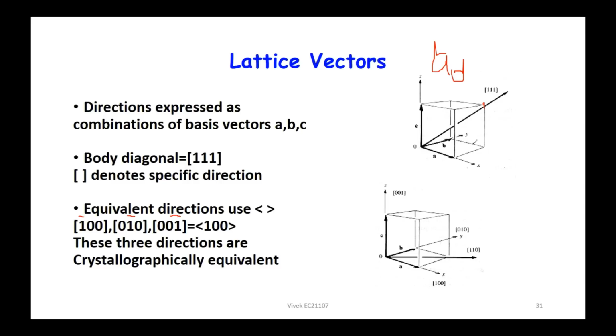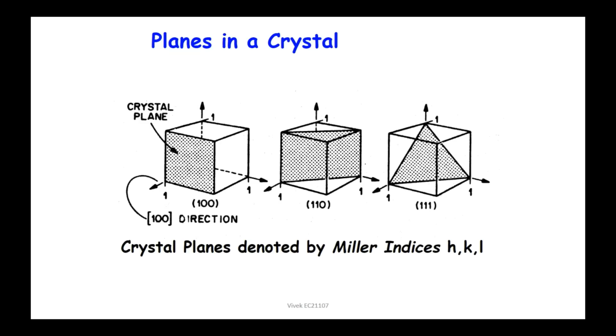Now, how do they relate to the plane? For example, if you see a plane here, let's say this is the x-axis, this is the y-axis, and this is the z-axis. This plane is cutting the x-axis at some point a naught, and it is not intersecting the y and z axes, so the intersection is at infinity.